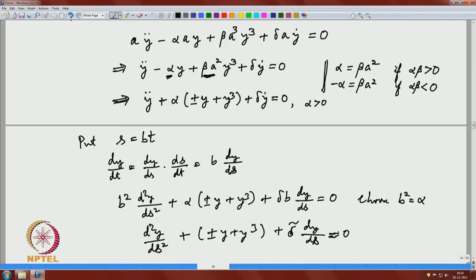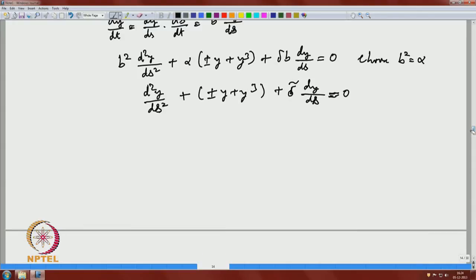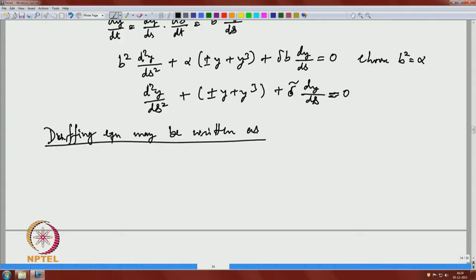Okay. So, all this exercise. Okay. So, Duffing equation, and that is what we are going to do. Duffing equation may be written as, so this is all that exercise.